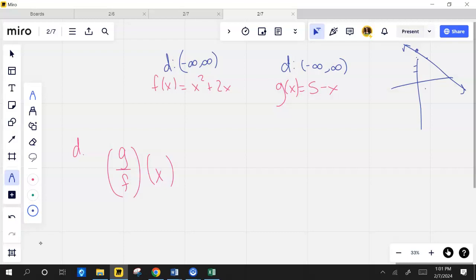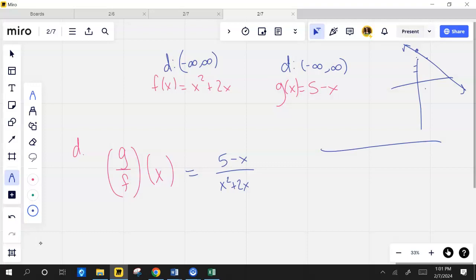Okay? But when I put them together, look what I have: 5 minus x over x squared plus 2x. Now I have a problem. Before, I didn't leave anything out, so I'm on this whole number line, right? But now, what's the problem? I can't have 0 in the bottom.